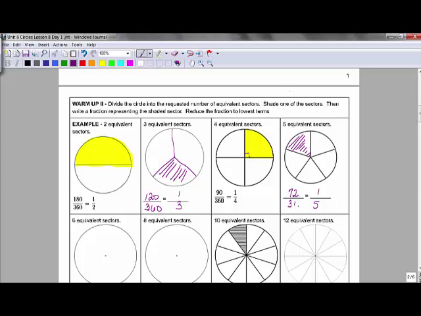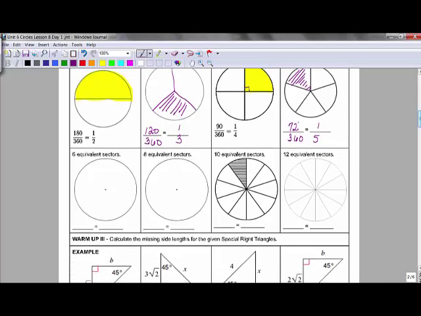And if I make the ratio of the central angle to all degrees in the circle, I could see I will get that 1/5. 6 equivalent sectors, so I'll start with 3 and divide each one of those in half. Shade one of them.